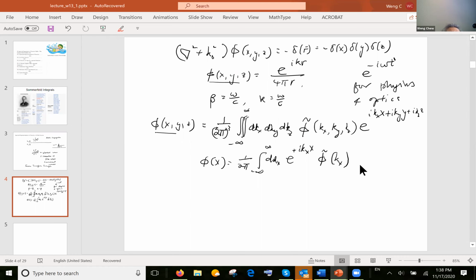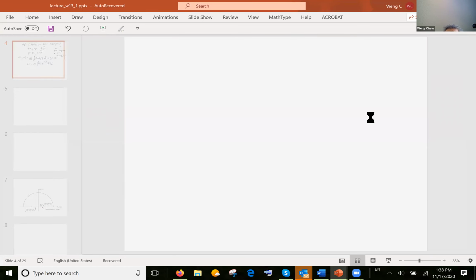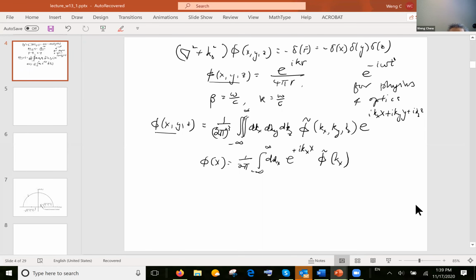Well, the requirement is that phi of x has to be absolutely integrable. You can show this quite easily. The thing that you learn from signal processing or Fourier theorem is that if this is absolutely integrable, that is, if you take its absolute value and integrate, and this is less than infinity, it implies that phi tilde of k exists.